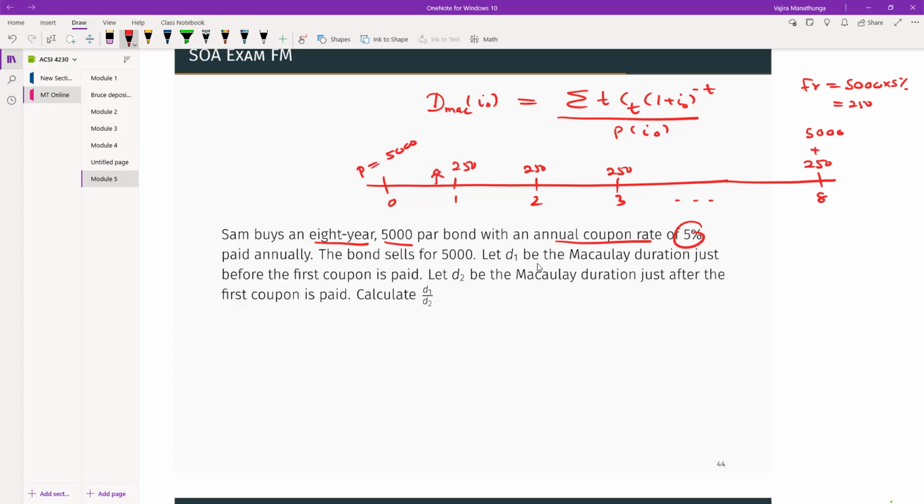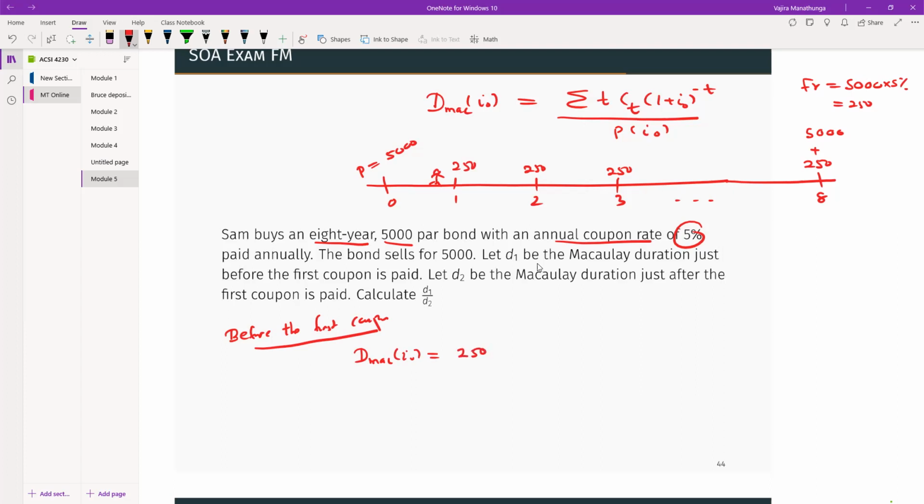Let D1 be the macaulay duration just before the first coupon is paid. So you are standing here, before the first coupon. What is the macaulay duration?